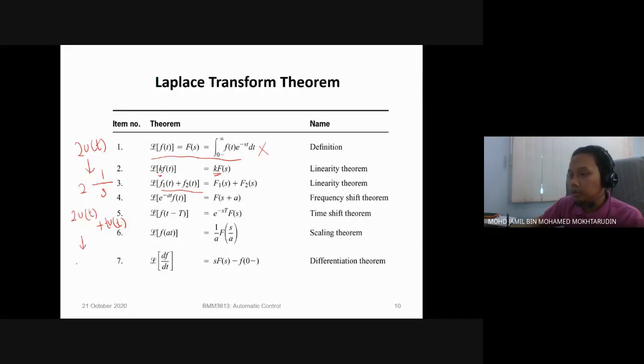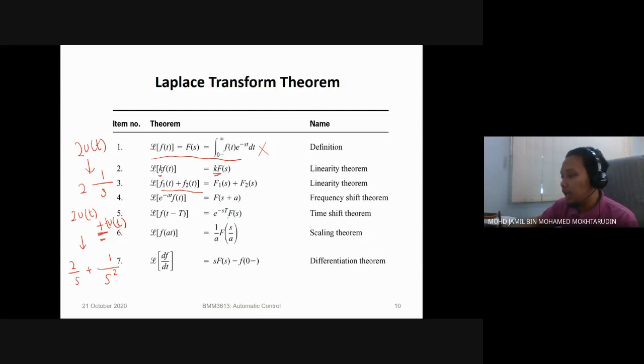In the frequency domain, it becomes 2 over s plus 1 over s squared. So you can apply the Laplace transform separately for each function when you have plus or minus.